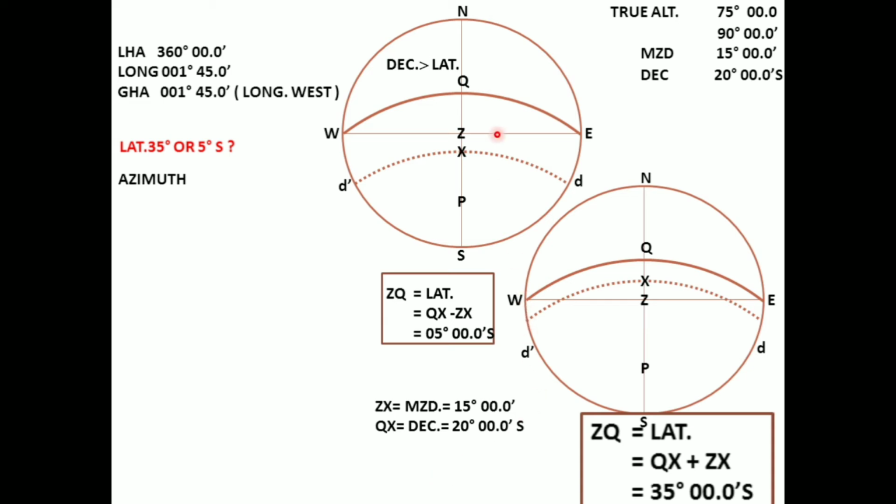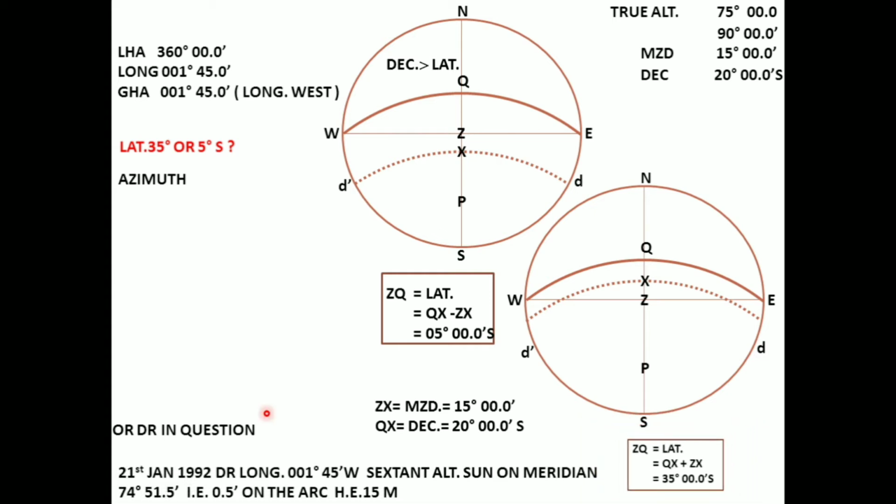Once the azimuth is given, bearing south or bearing north, you can figure out which one is right. Or you will have your DR given to you in the question, which in this case I purposely missed out because I wanted to talk about three possibilities here. Either way, azimuth or DR would be given in the examinations, so you can figure out which is the correct one. If it is not given, then you have two possibilities here.